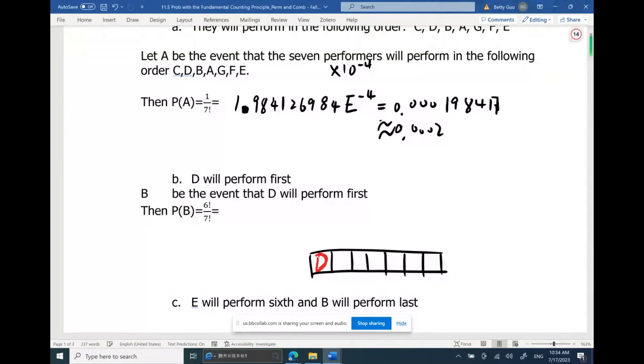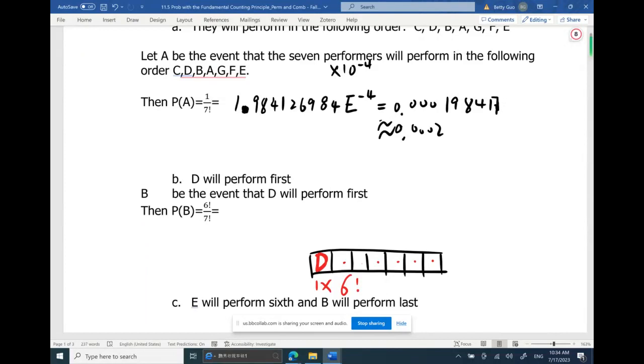There's only one way to arrange D in the first place. For the next 6 slots, we have 6 factorial different ways to arrange the remaining 6 performers. So 1 times 6 factorial is 6 factorial.